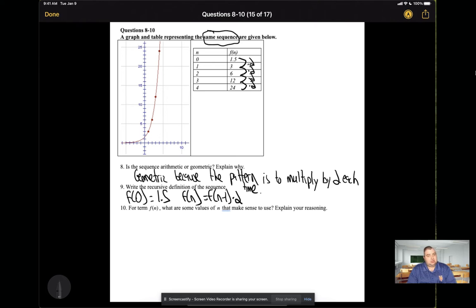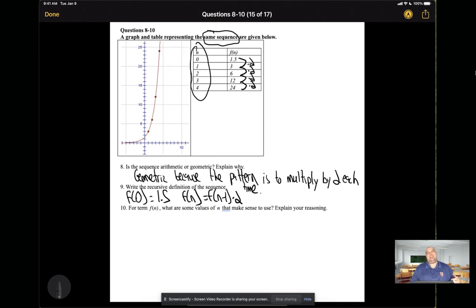Number 10 is a little tricky. For term f of n, what are some values of n that make sense to use? Explain your reasoning. Okay, so to answer this question, we first want to look at what n represents.